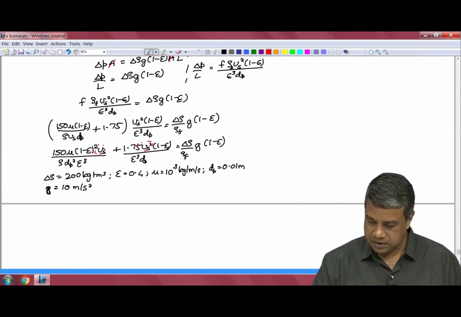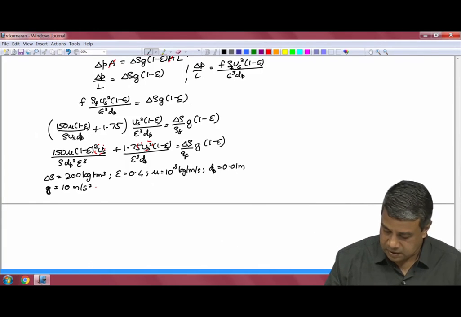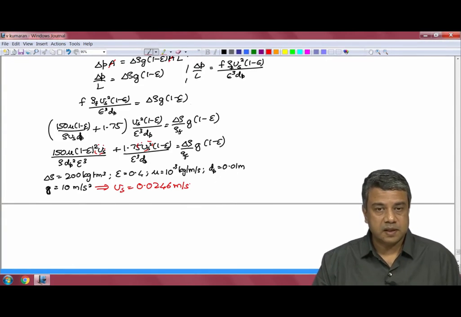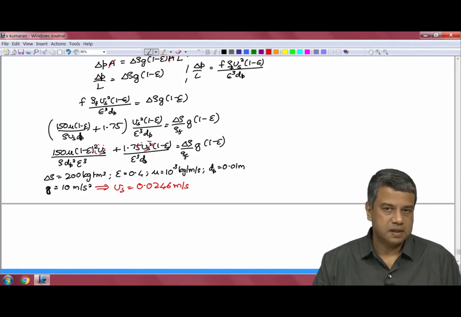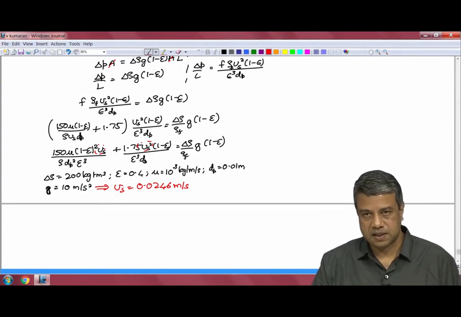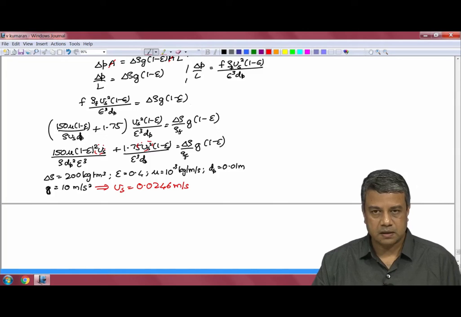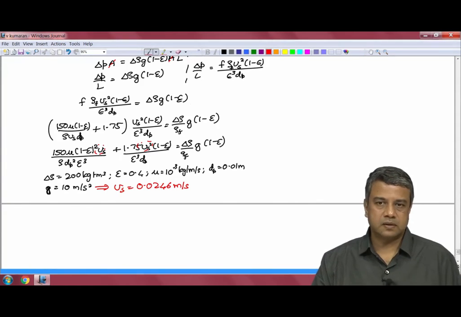I can solve this equation to find out what is the velocity and I will get the velocity as 0.0246 meters per second, or approximately 2.5 centimeters per second. That is the maximum velocity that you can use to flow fluid through this bed.